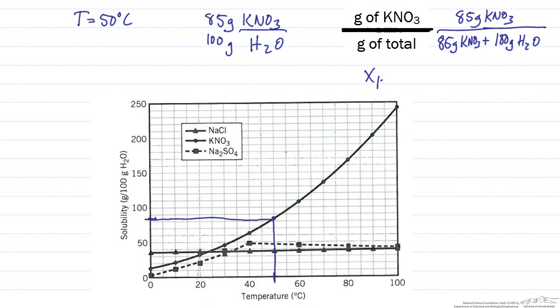And this is going to give us a mass fraction for KNO3 of 0.46.